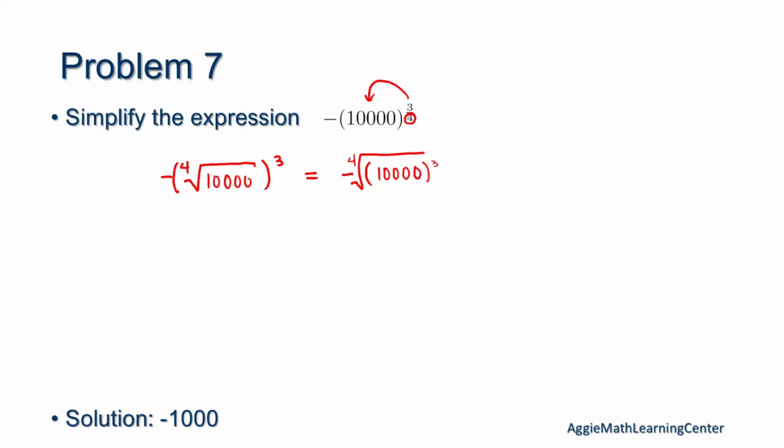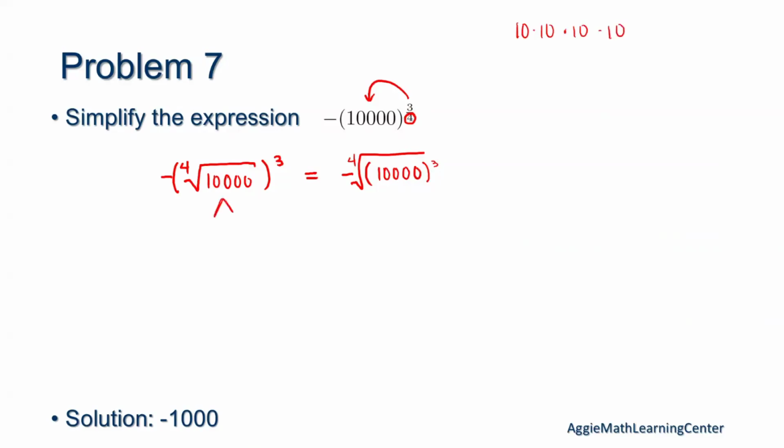Okay, so let's do the 4th root of 10,000 first. I was trying to think of what could be the 4th root of 10,000, and I was thinking about maybe tens, because 10 times 10, that's 100. So this is 100 times another 10, which is 1,000, times another 10, which is 10,000.